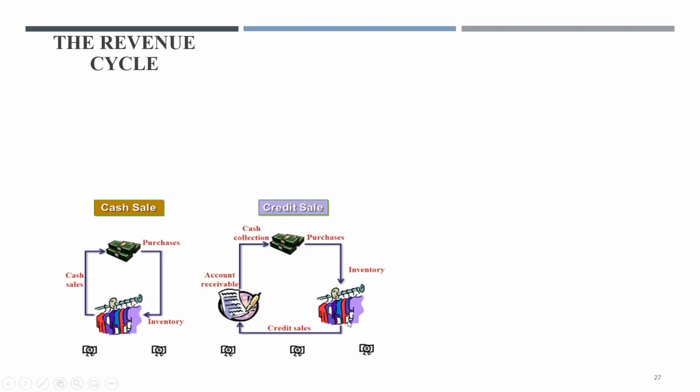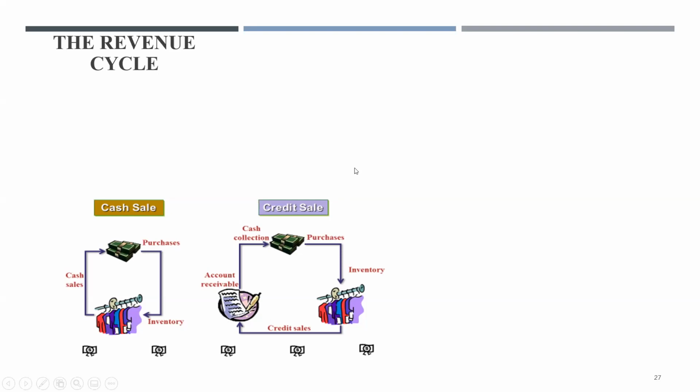So usually in the revenue cycle, in terms of revenue, how would you usually get revenue? Via sales, right? So in terms of sales, what type of sales do you usually have? Cash sales and credit sales. I believe you know the difference between cash and credit sales.